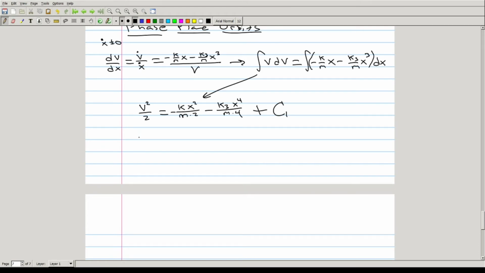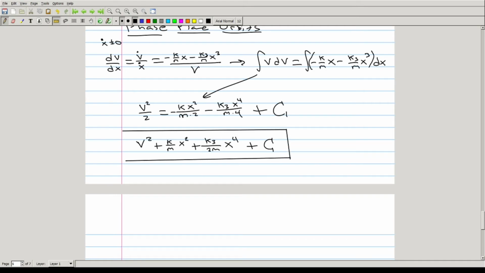which can be rewritten as v squared plus k over m times x squared plus k3 over 2m times x to the 4th equals c. And there you have it.